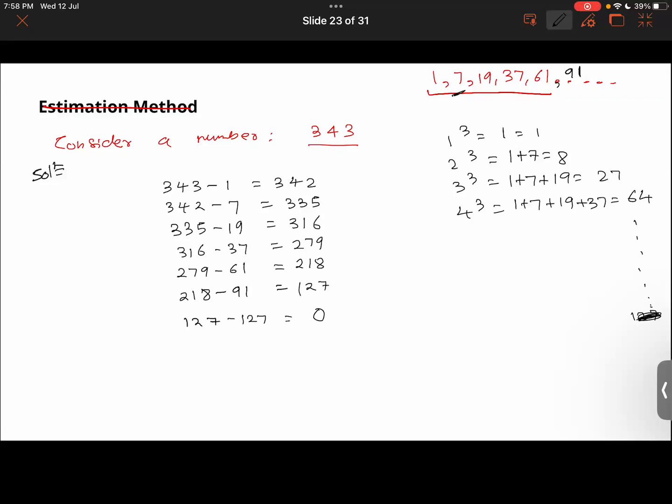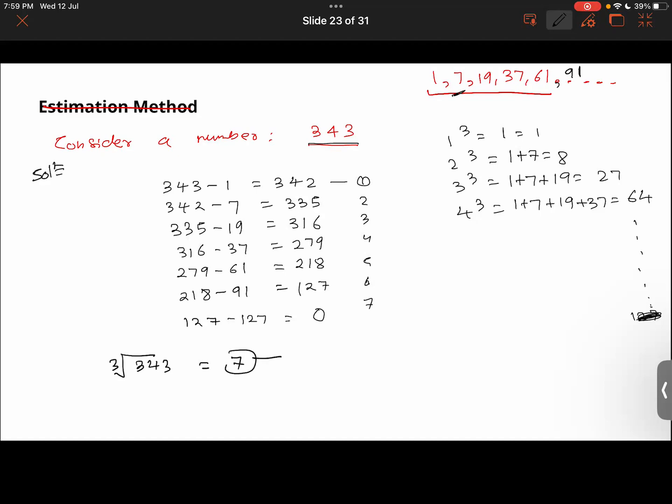So you tell me, in how many steps did we reach 0 here? 7 steps. Count the steps: 1, 2, 3, 4, 5, 6, 7. Hence we conclude that the cube root of 343 is how much here?